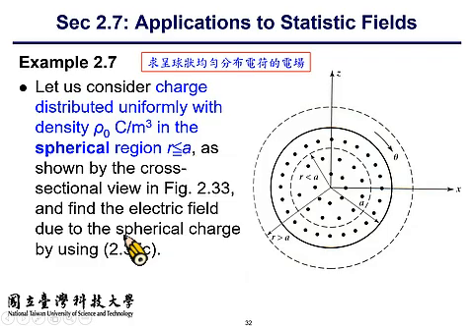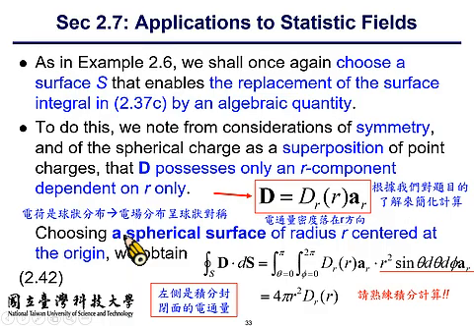Now, what kind of Maxwell equation can we use to calculate this problem? Again, we will use Gauss's law for the electrical field. Here in this slide we see that based on the spherical symmetry of the problem geometry, the electrical field intensity and electrical flux density only have a dependence on r, and point along the r direction.